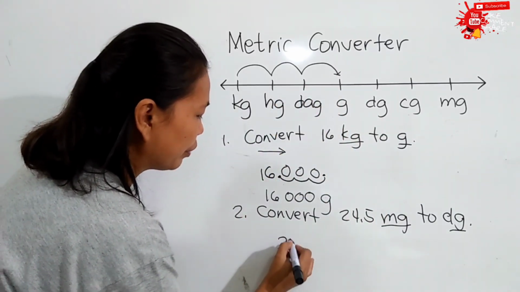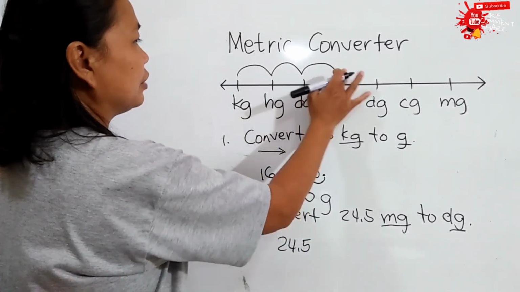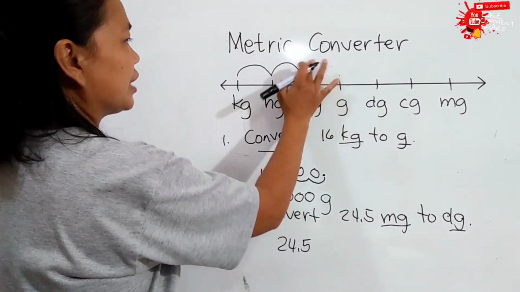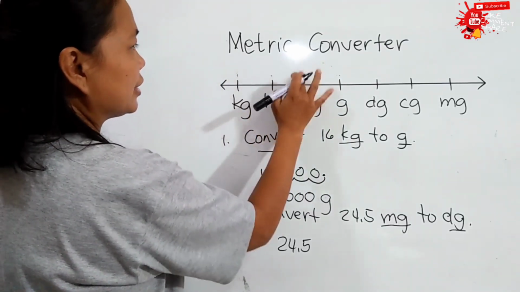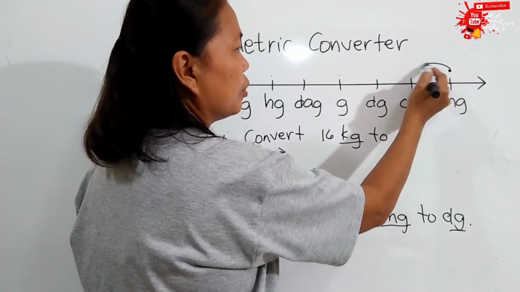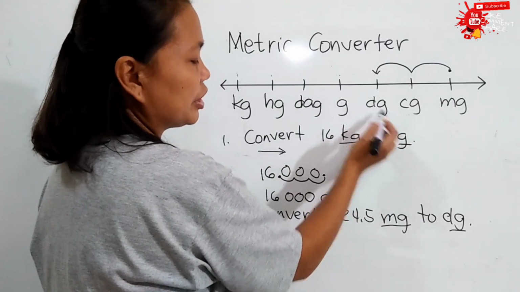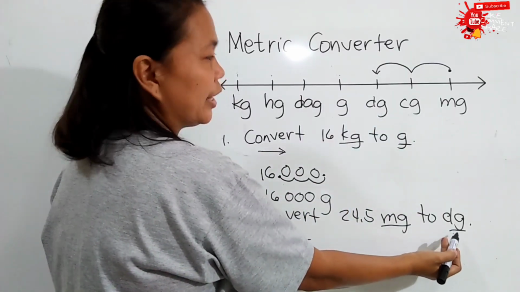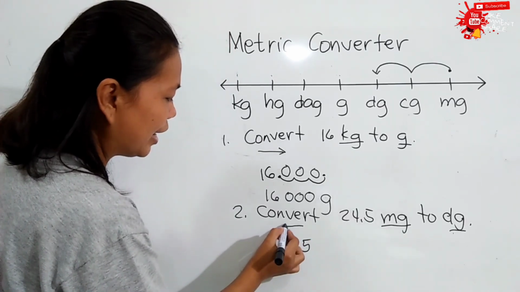We have 24.5. Let us count the number of spaces from milligrams to decigram. Milligrams, we have 1, 2. We will stop here because we are changing it to decigram. So we have 2 spaces and the direction is to the left.